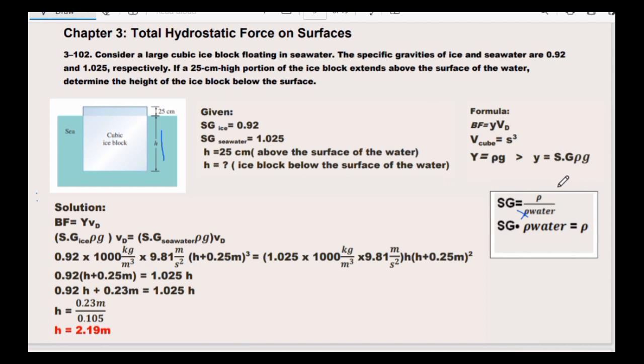Since we have the specific gravity, using the formula specific gravity equals the density over the density of water, cross multiply, so we have the density equals the density of water times the SG. So we plug the density into the equation of specific weight, and we will have SG times the density of water times the acceleration due to gravity.